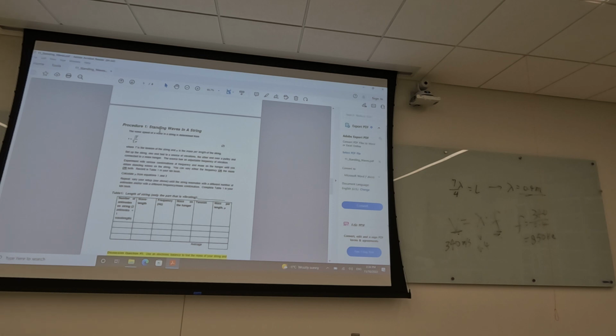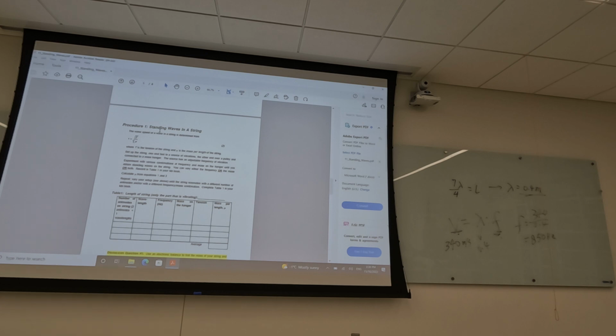Based on how many wavelengths it is, you will use your ruler to measure the length of your string. Okay, turn it off. Measure the length of the string from the source of the vibration to the pulley. You do not measure this distance; measure from the source of the vibration to the pulley. So this is L, right?